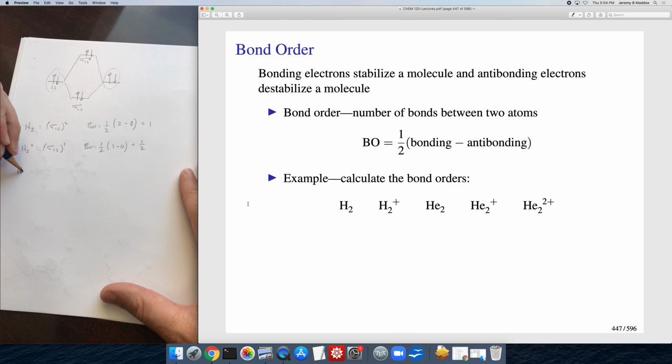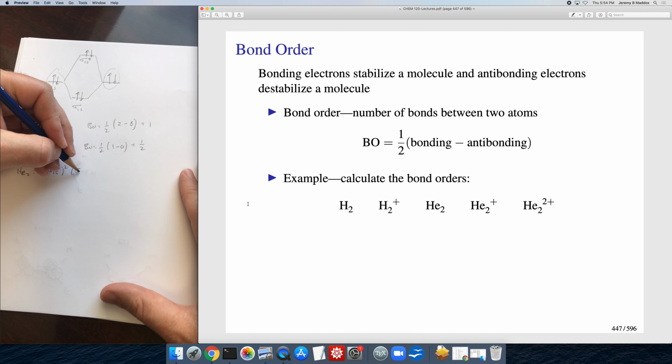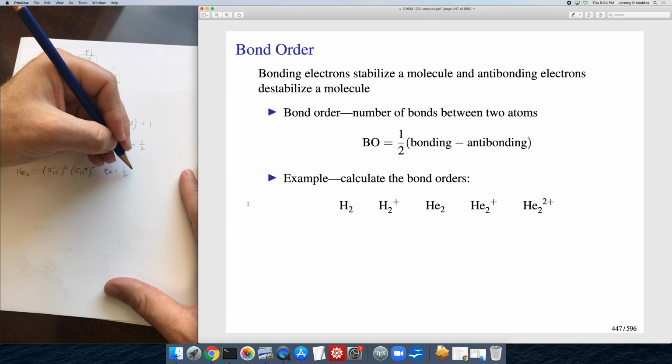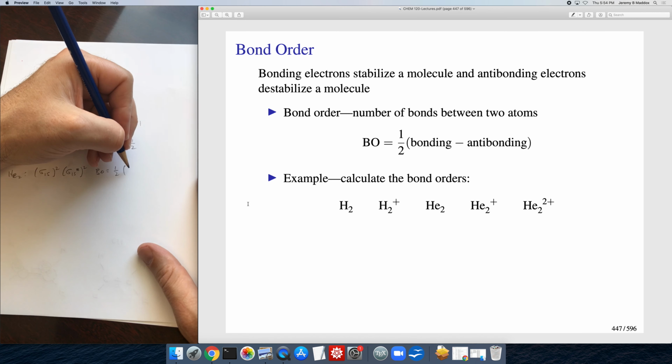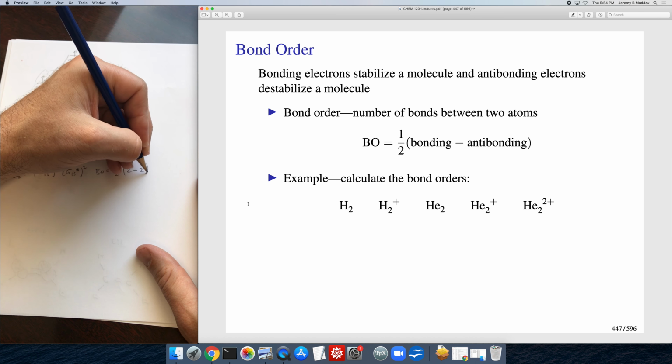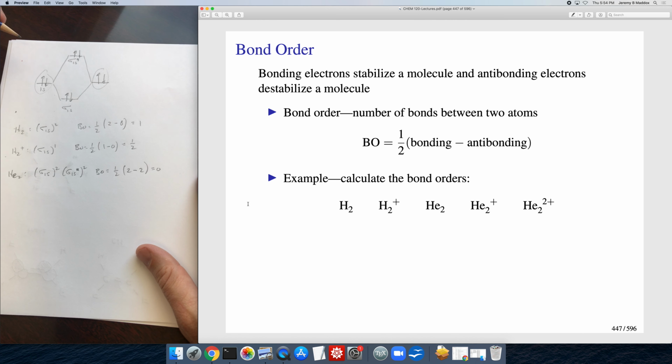Helium. Diatomic helium. Well, the electron configuration was sigma 1s2, sigma 1s star 2. The bond order, 1/2 the number of bonding electrons, 2, minus the number of antibonding electrons, 2, gives us a bond order of 0.